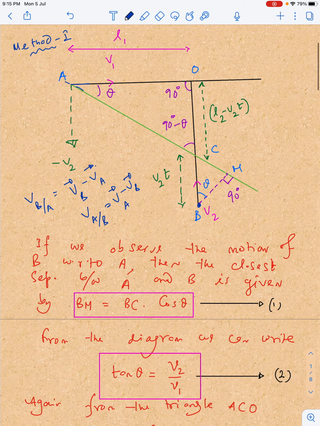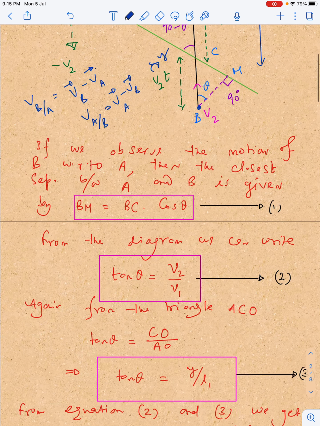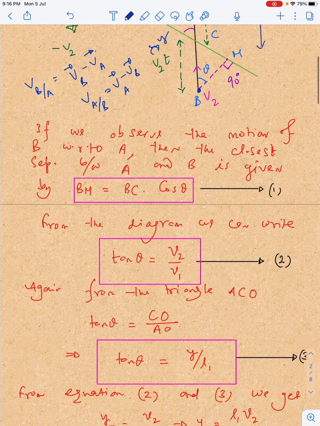Now this is L1, and if this function is y, I will take this portion as L2 minus y. I have written it in terms of V2t, but if I take this V2t as y, then this portion is simply L2 minus y.